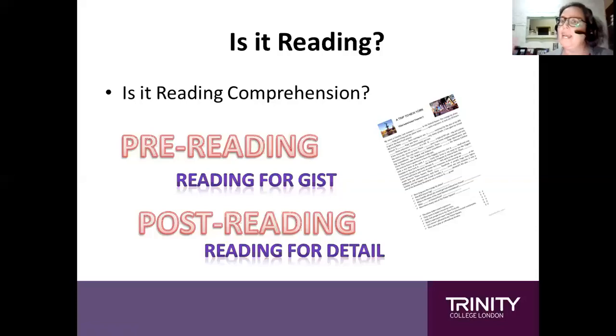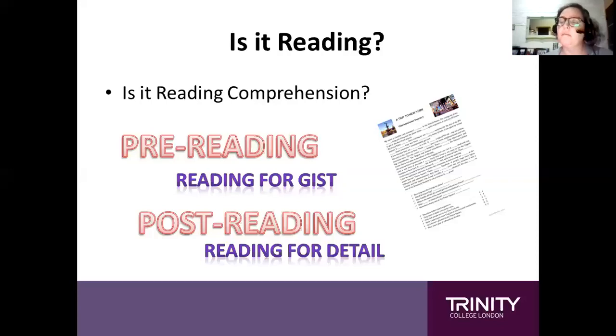We have to explicitly teach them pre-reading strategies such as skimming or scanning. We're going to see those in detail in subsequent modules. We need to make them connect personally with the topic of the text. It's really very important, so that before they actually read the whole text, they already have an idea of what the text might be about.